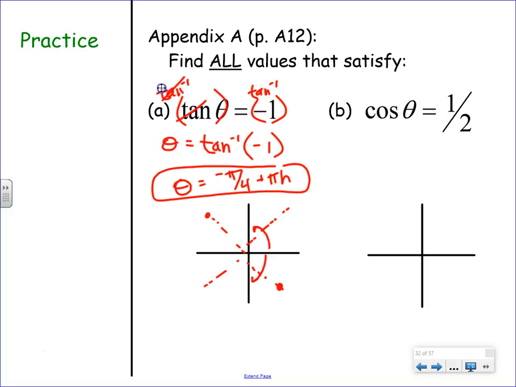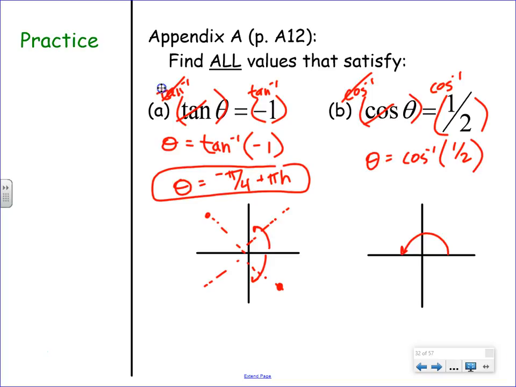How do I solve for theta? Yay. So theta equals cosine inverse of 1/2. Where's cosine allowed to be again? 0 to pi?